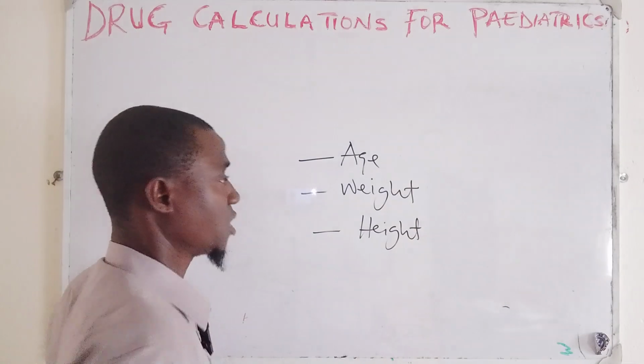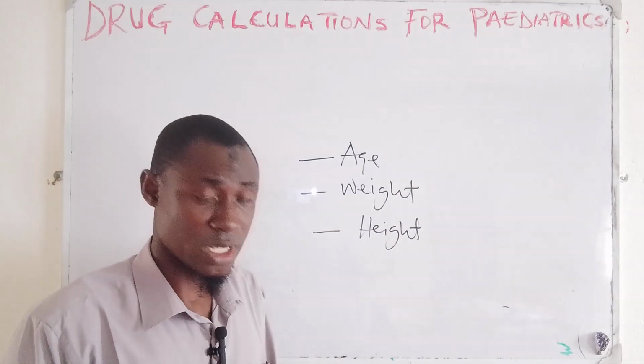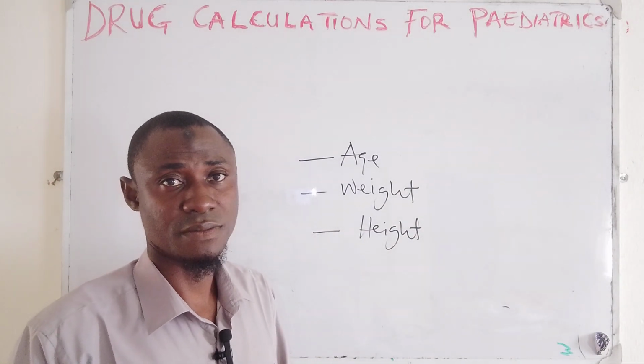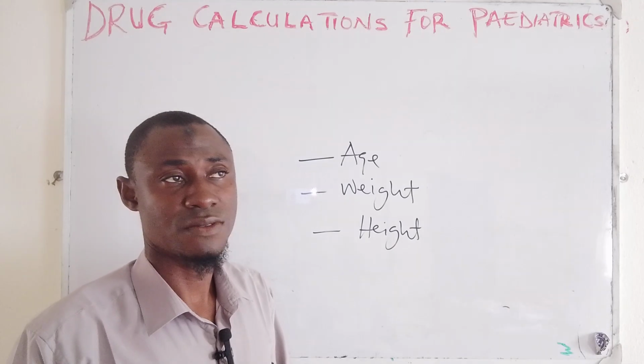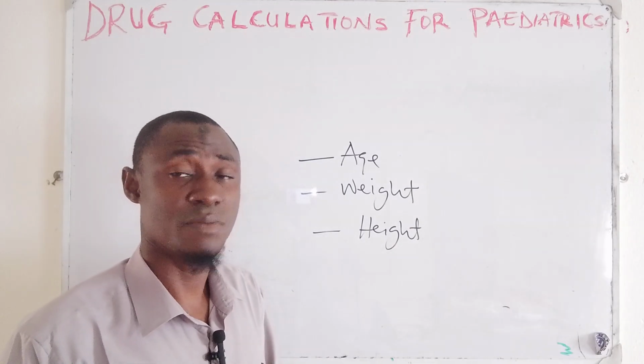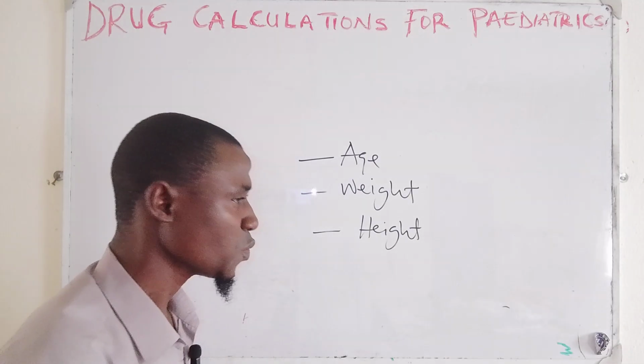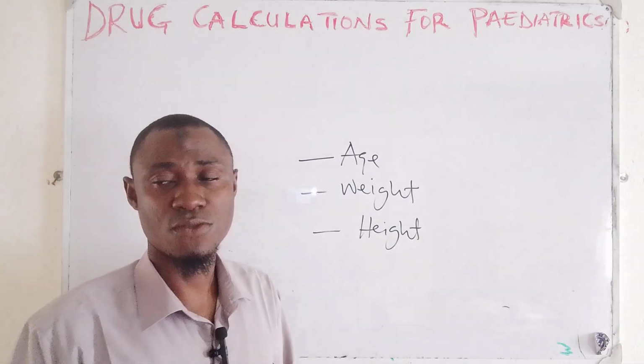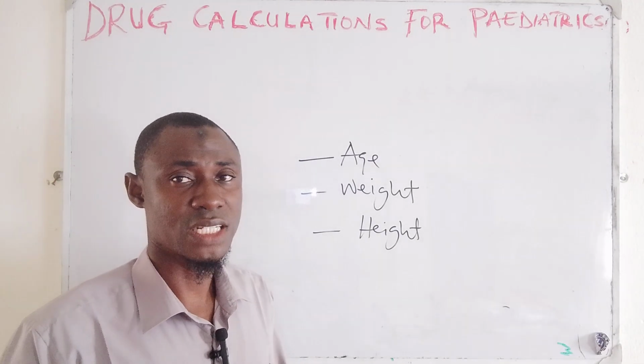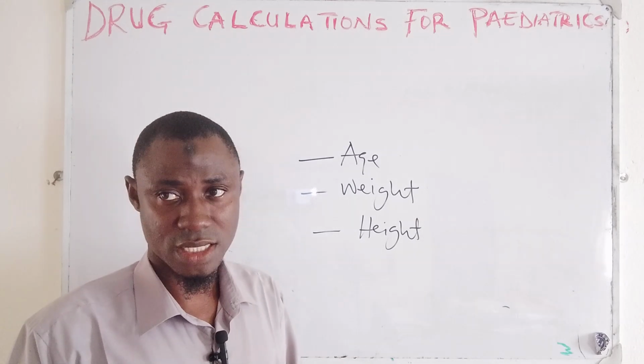I think these are the three major parameters you can use when calculating the dose of a particular drug for pediatrics. Now, we have so many rules or formulas that have been formulated by so many scholars.